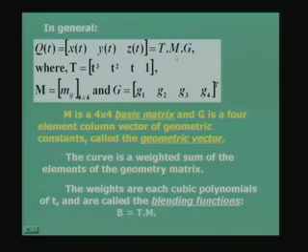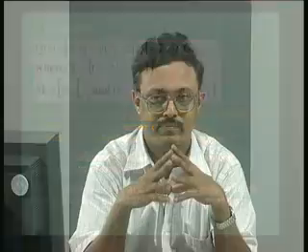So, there are various terms we introduced in the class today. We talked of a basis matrix, a geometric vector G, and a weighted sum of these elements, and then we also talked of a blending function B, which is the product of T multiplied by M, a blending function which blends on the geometric vector G. So, B multiplied by G gives you a curved shape.